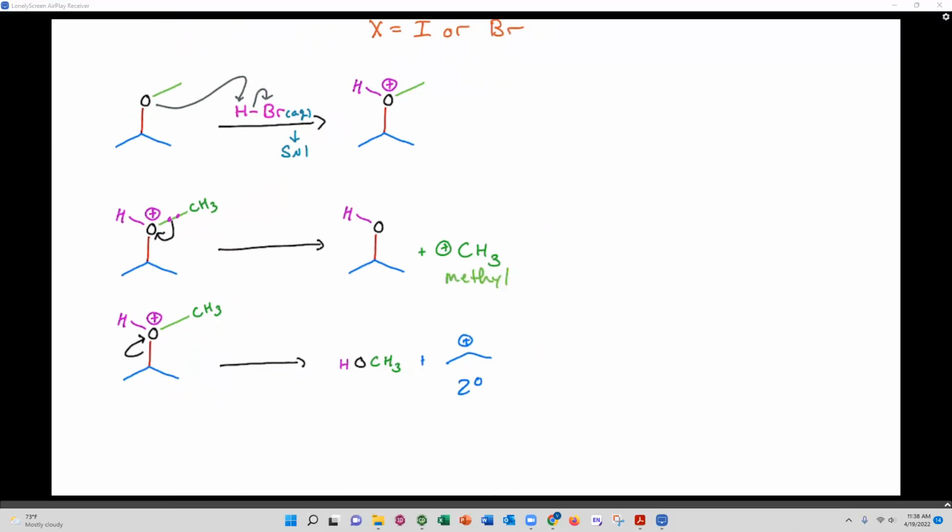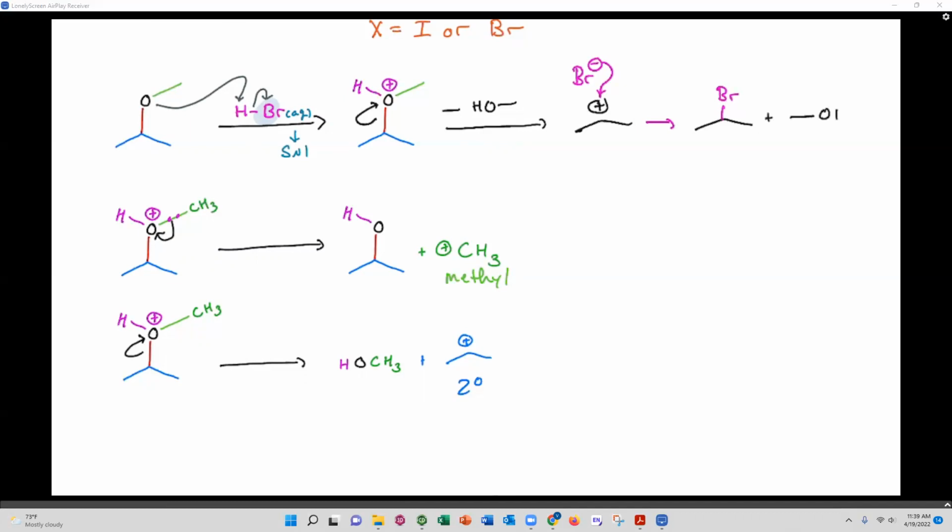So to complete this mechanism, I know that methanol is going to be my leaving group, so minus methanol, I'm going to form this carbocation here, and then the bromide that I formed in this step can come in and attack. So for this particular reaction, what I end up getting is 2-bromopropane plus methanol as a side product.